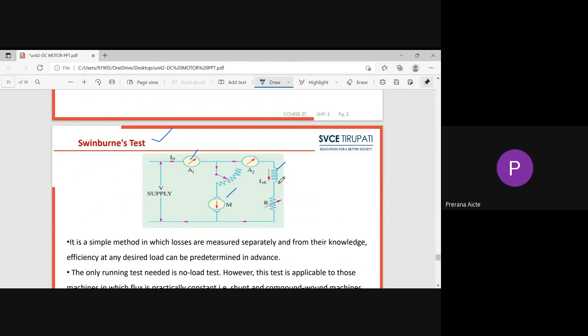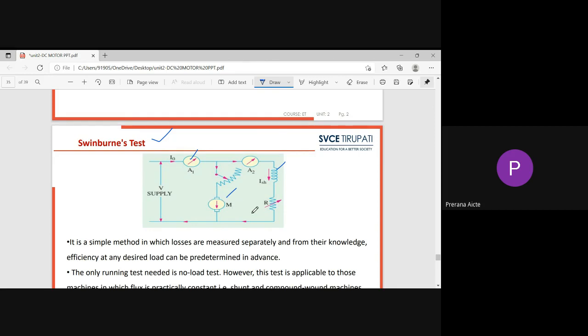When we give a 220 volts DC supply to this motor, the motor is operated at rated speed by adjusting the field rheostat and armature rheostat. The motor runs at rated speed. Then note down the meter readings, the shunt field meter reading and the supply meter reading, and also measure the supply voltage, 220 volts.